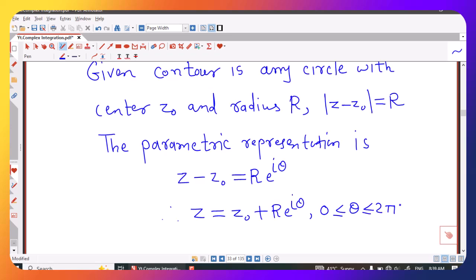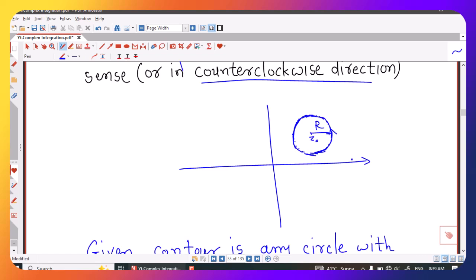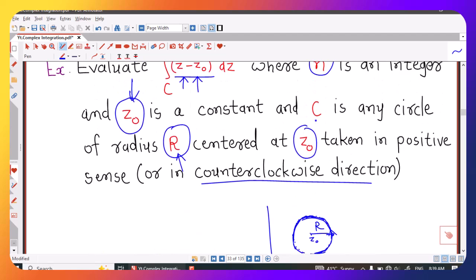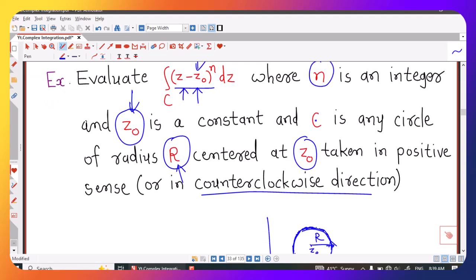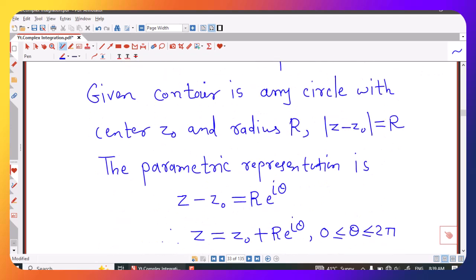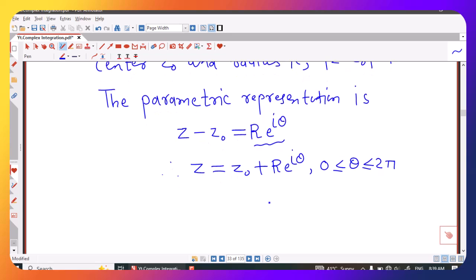Therefore theta is from 0 to 2 pi. Here z0 is constant, and we will replace this z minus z0 in f of z by r into e raised to I theta, and we will require dz by d theta also.